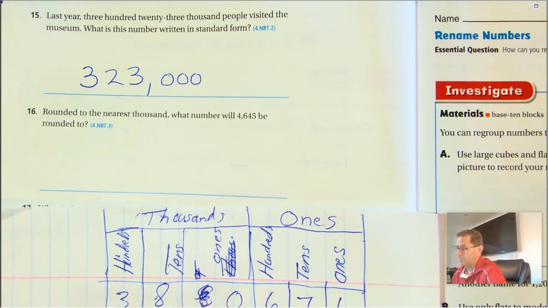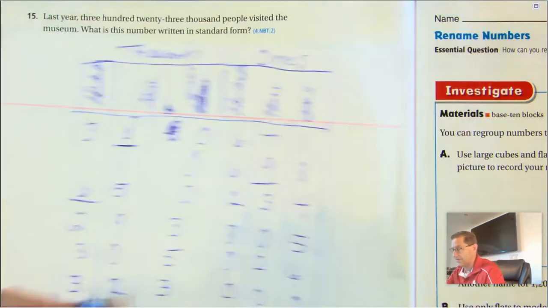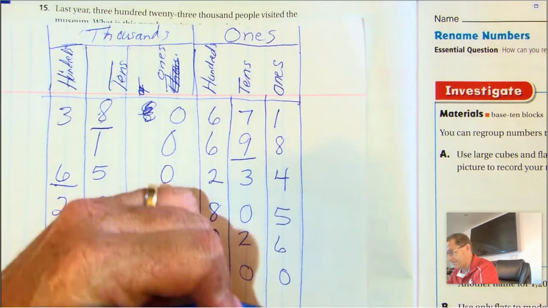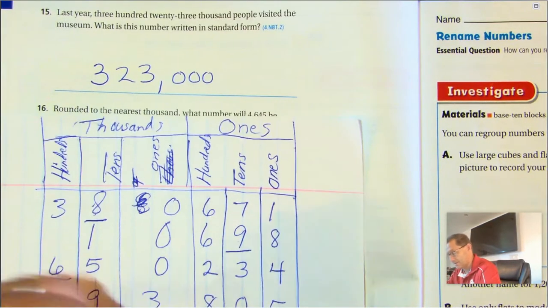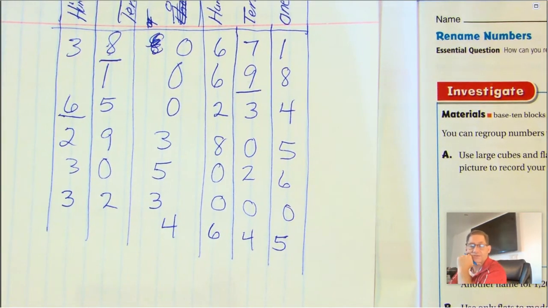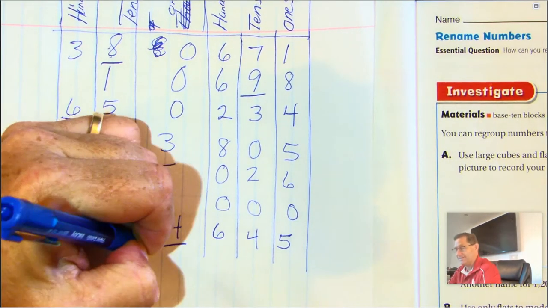All right. Number 16, round to the nearest thousand. What number will 4,645 be rounded to? Okay, so if I'm not certain of the place values, let's write them in. In my place value chart, I've written 4,645. They want us to round to the nearest thousand.